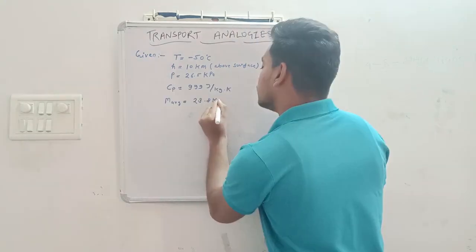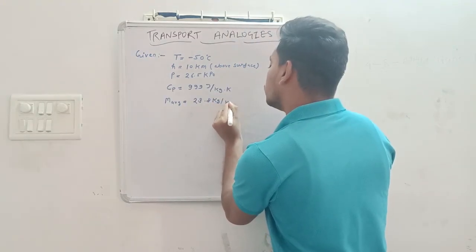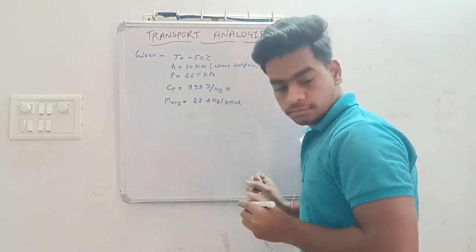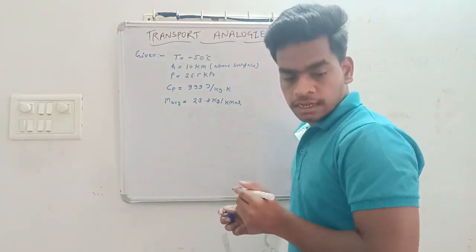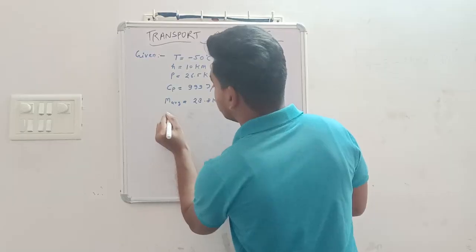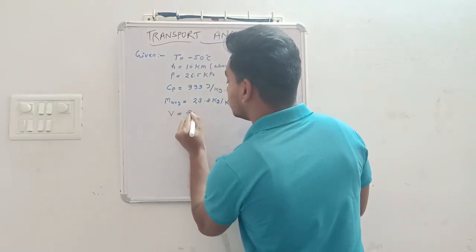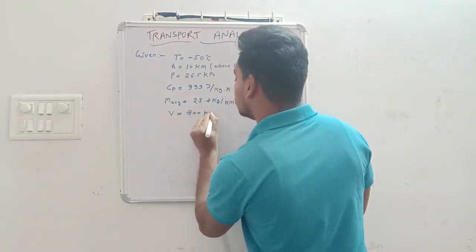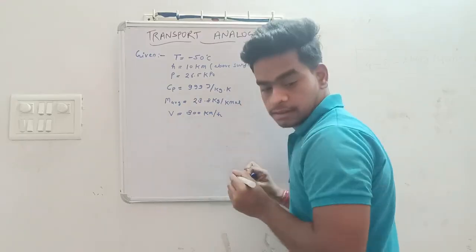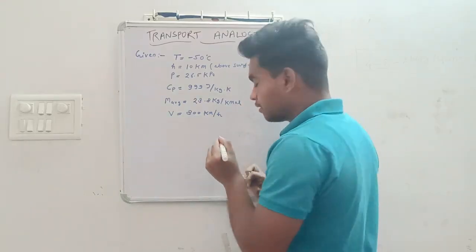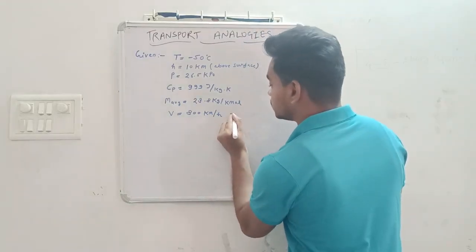And the value is in kg per kilomole. And we are given the velocity of the plane as 800 kilometer per hour, which we will convert into meter per second.